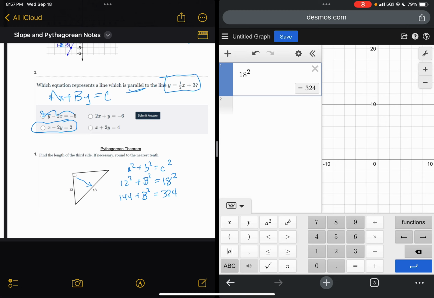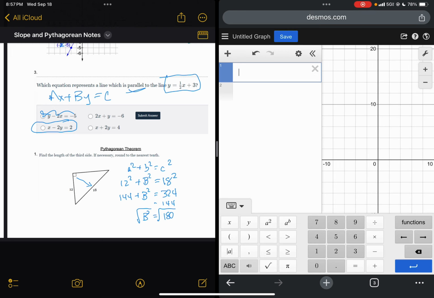I need to subtract 144 to get b squared by itself. That gives me 180. To get b by itself, my last step is to square root 180.